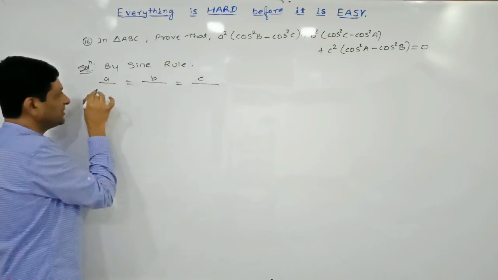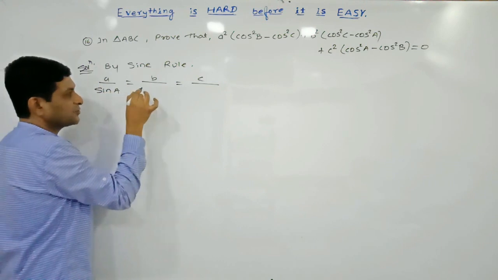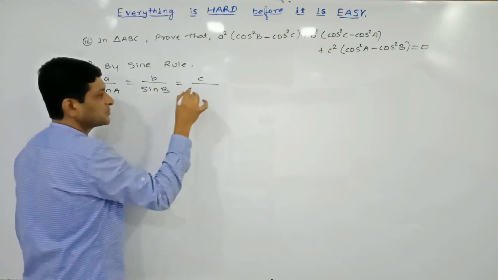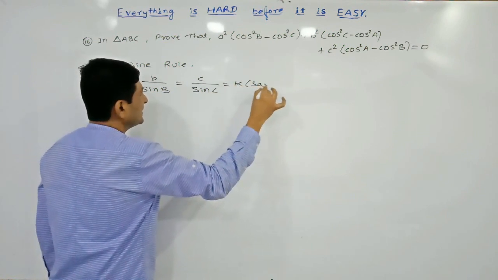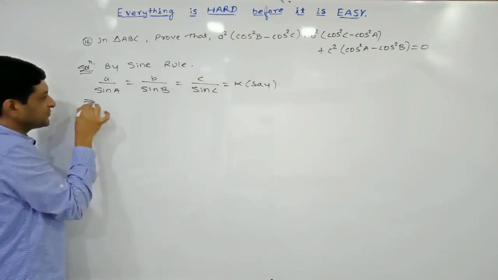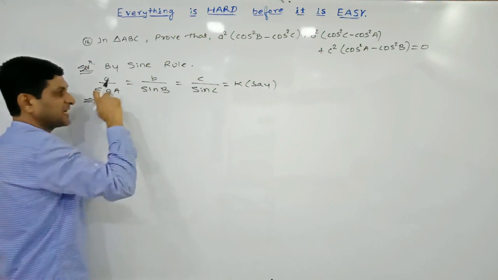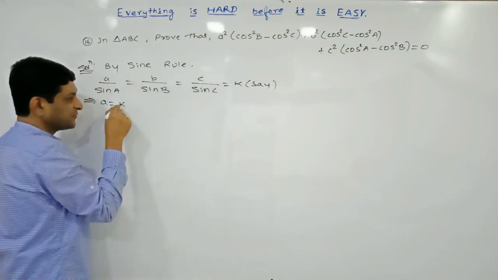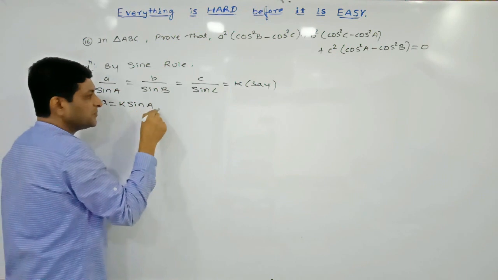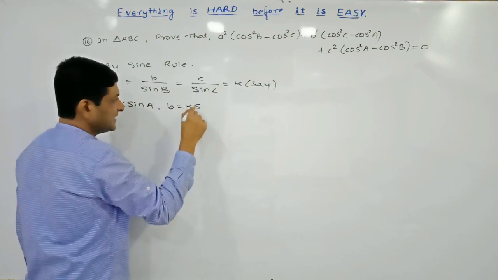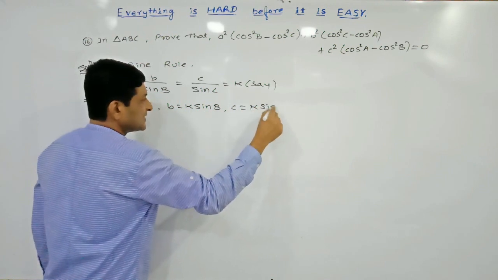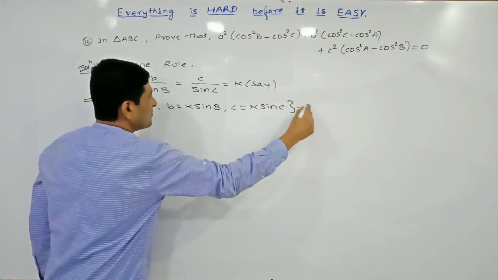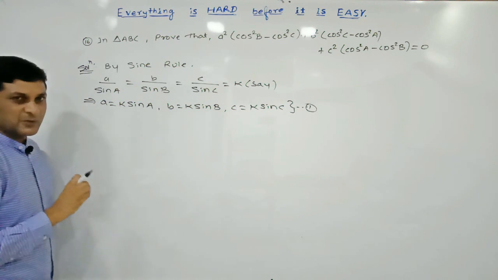The sine rule is a upon sine A equals b upon sine B equals c upon sine C. Denote this ratio by k. Now from this we can say that a equals k sine A, since sine A gets multiplied on this side, b equals k sine B, and c equals k sine C.